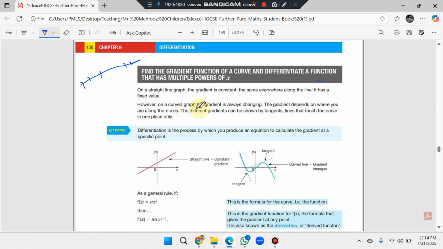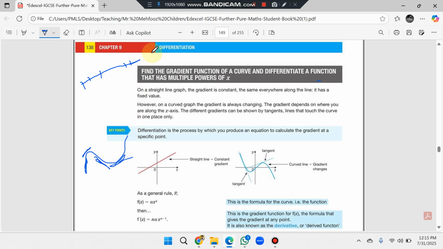However, on a curved graph, the gradient is always changing. If the graph is some curve, it means that at that point its gradient is different, at that point its gradient is different, and at that point its gradient will also be different.